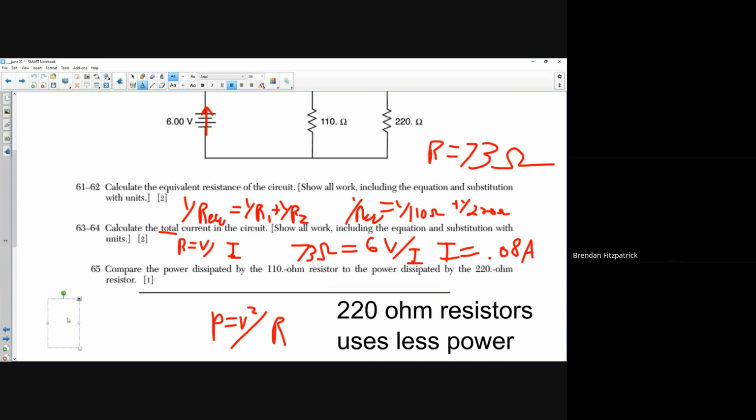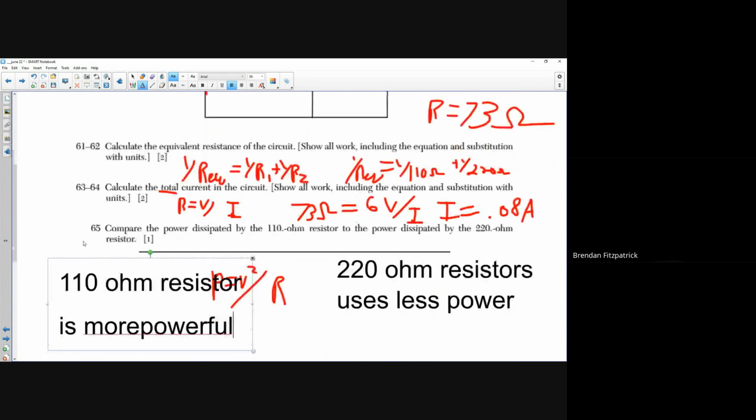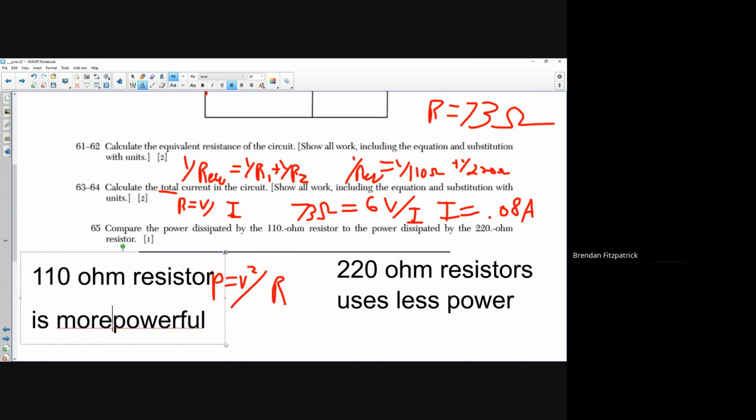The one with the smaller resistance, the 110 ohm resistor, is more powerful. And again, that's because of power and resistance being inversely proportional. Cool.